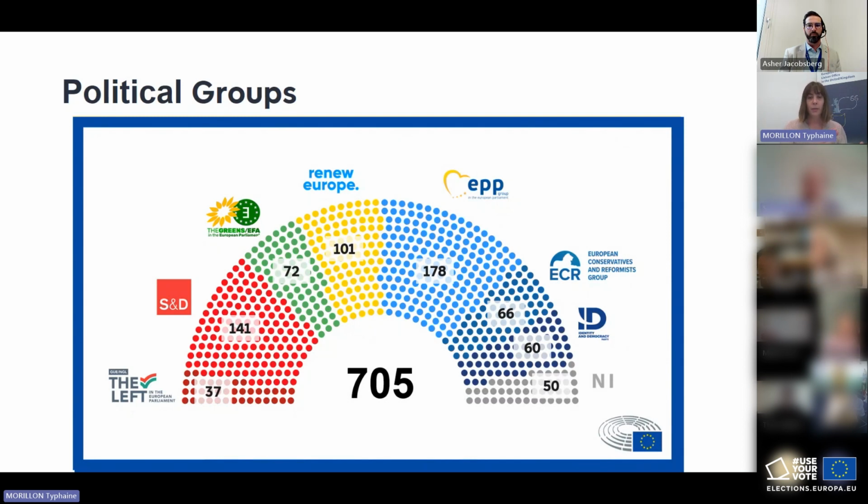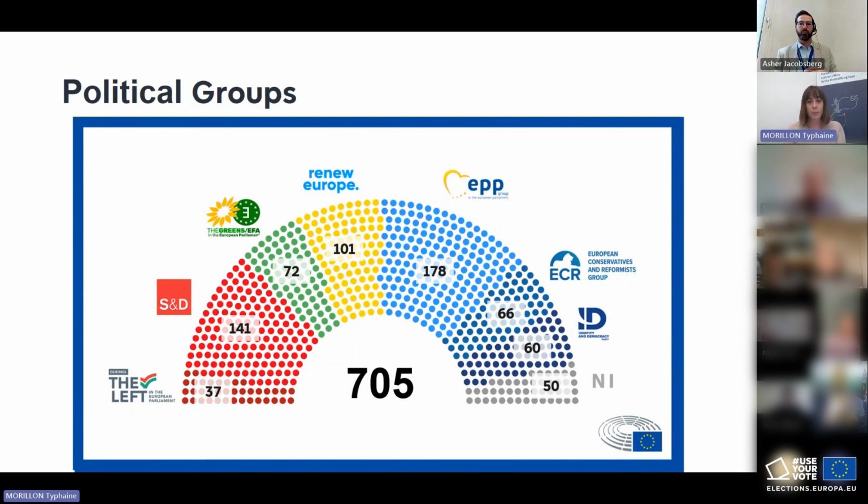And then on the right side, you have the ECR, which is the group originally created by the Tories when they left the EPP. Sorry. And then further to the right, you have Identity and Democracy. That's the far right, and then on the left side, which are the traditional communist parties.